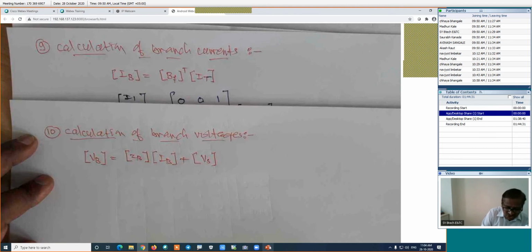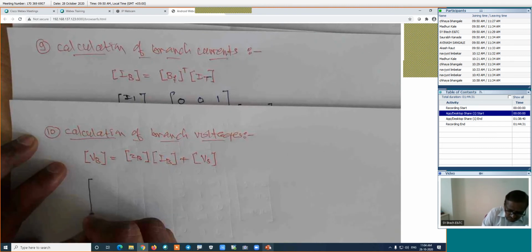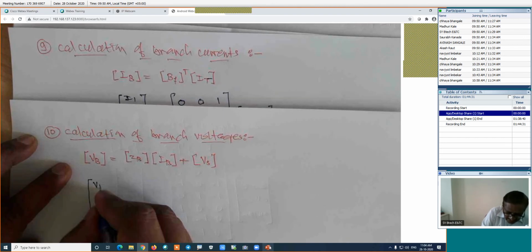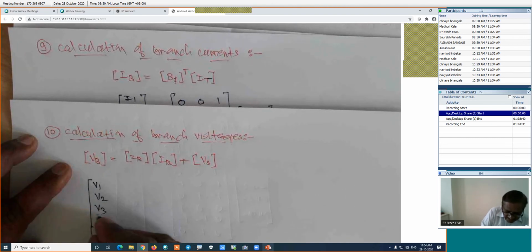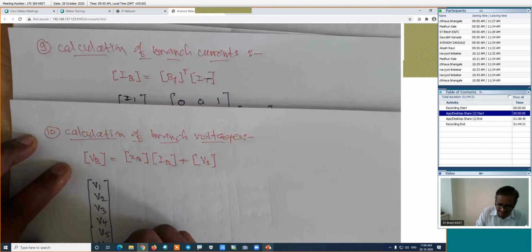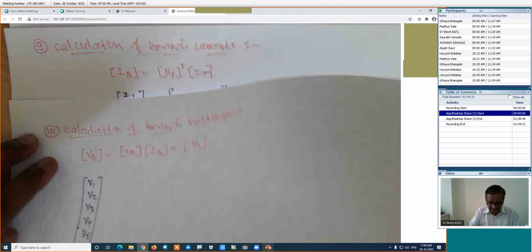VB is the branch voltage matrix. It is a column matrix. Here it is V1, V2, V3, V4, V5 and V6, because we are interested in the calculation of the branch voltages. Is it right?